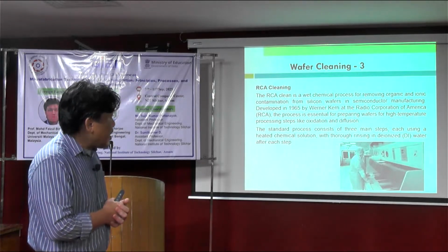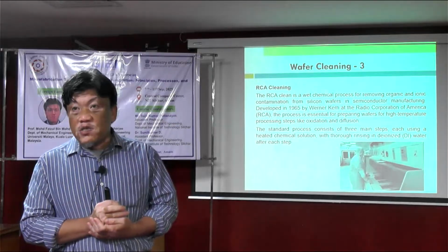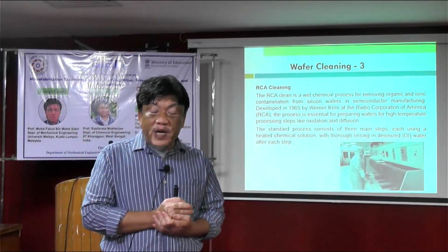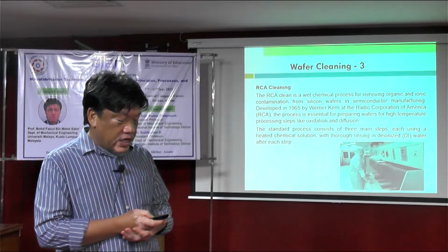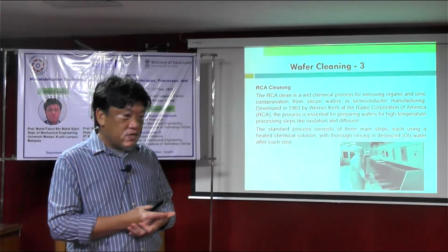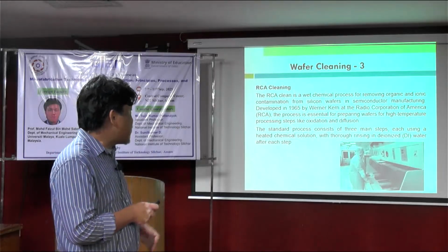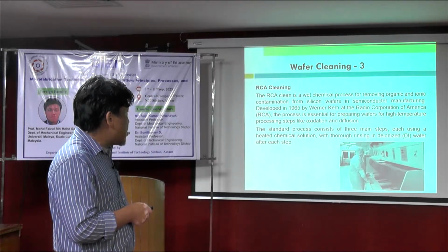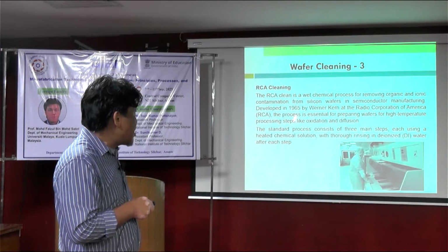All right. Next is the cleaning process of the wafer. So in preparation, the surface preparation of the wafer needs to be done carefully in order to remove the contaminant on the substrate, on the wafer itself. One commonly used process is called RCA cleaning.